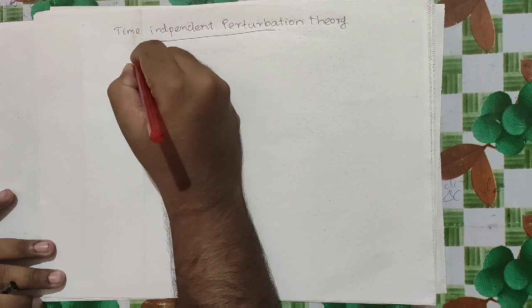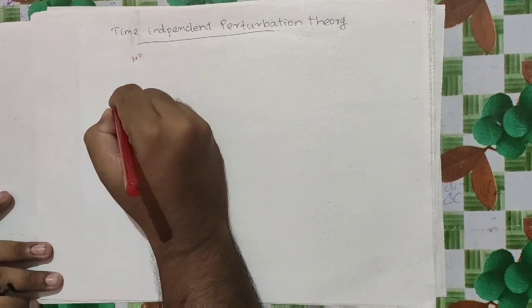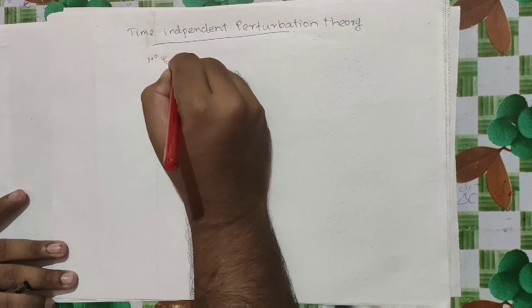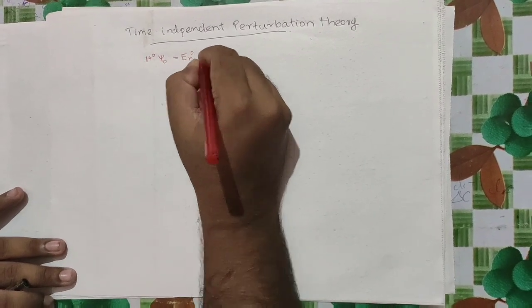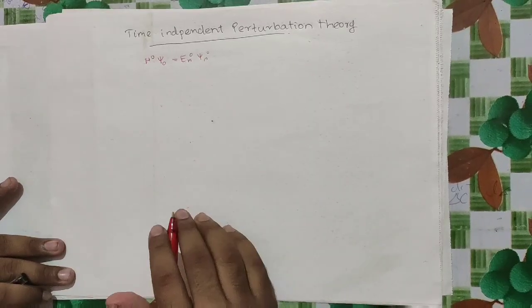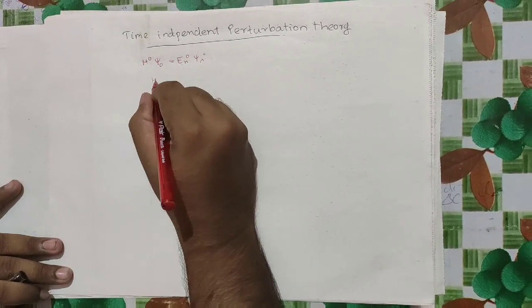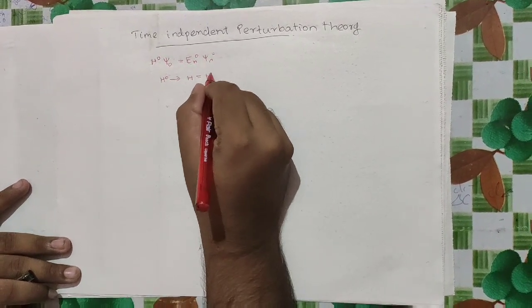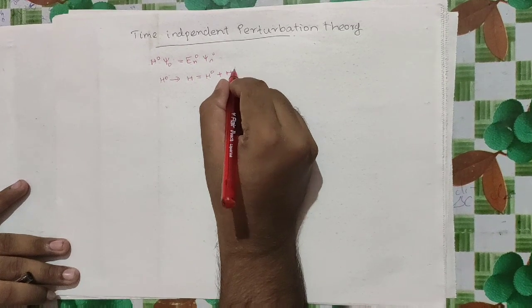Consider an unperturbed Hamiltonian H0 such that when it acts on the unperturbed state psi n0, we get En0 psi n0. Now when perturbation comes, H0 becomes H, which is equal to H0 plus H dash.